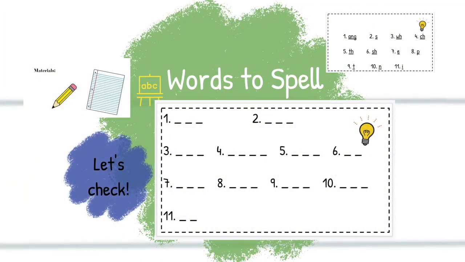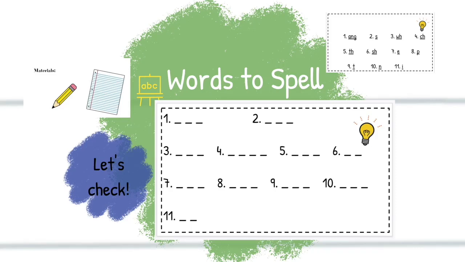Thin, not fin. So that first sound's really important. Thin. Thin. Also, we don't have f, like fish, in our sound bank. Thin.